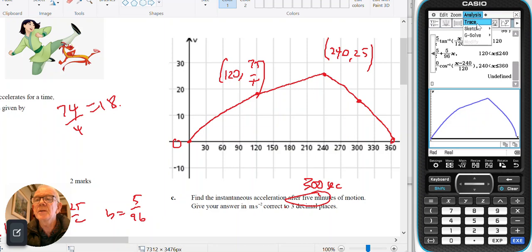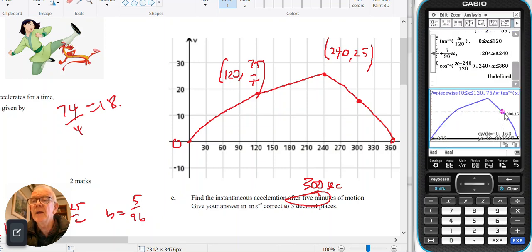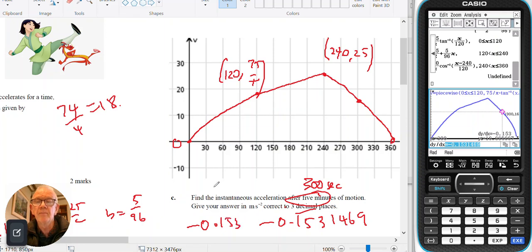So then I'm going to do analysis trace, and I wish to go to 300. And at that point, the gradient should be negative 0.1531469. 3 decimal places, negative 0.153.